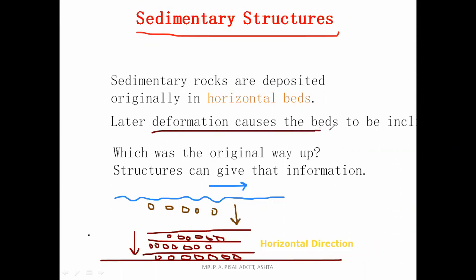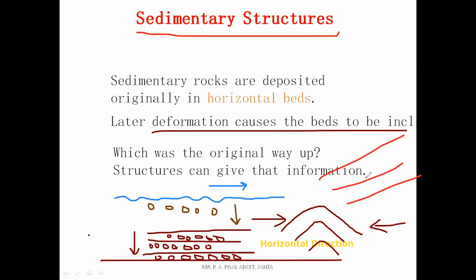Later, deformation causes the beds to be inclined. After the deposition, due to various processes, these horizontal sedimentary rocks get disturbed. What is the meaning of getting disturbed? These horizontal layers may get converted into a fold-like structure due to pressure applied from both sides, or they may get converted into inclined rocks or an inclined position.